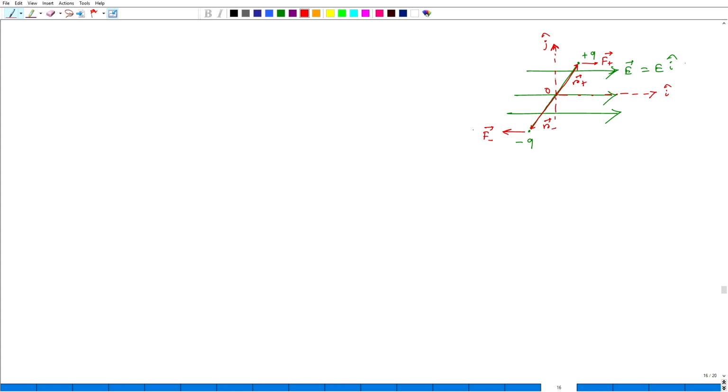In the previous class we saw F plus vector is q times E i cap and F minus vector is minus q times E i cap, in the direction minus i cap, opposite to the electric field vector, and the net force F plus F minus is 0.